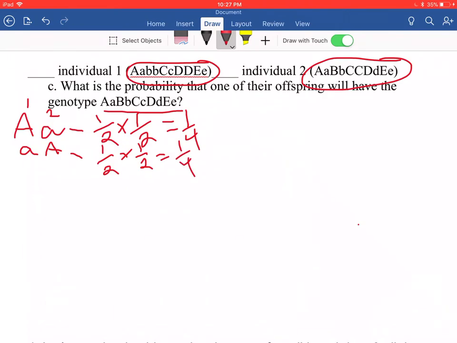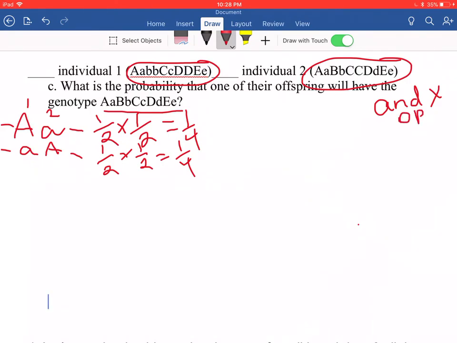Now, because both of these scenarios are potentials, we need to figure out the probability of either the first scenario or the second scenario occurring. And a little tip when you're looking at these probability questions: when you can substitute in the word "and", you're typically going to multiply, just like we did to figure out these possibilities.